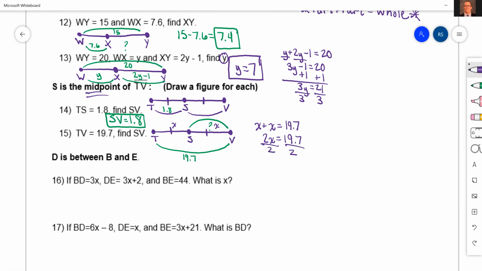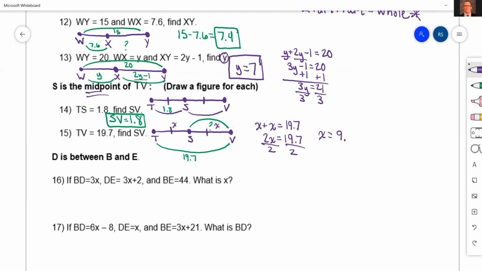Divide by 2, and you get x equals 9.85. So we can come over here and say that SV equals 9.85.